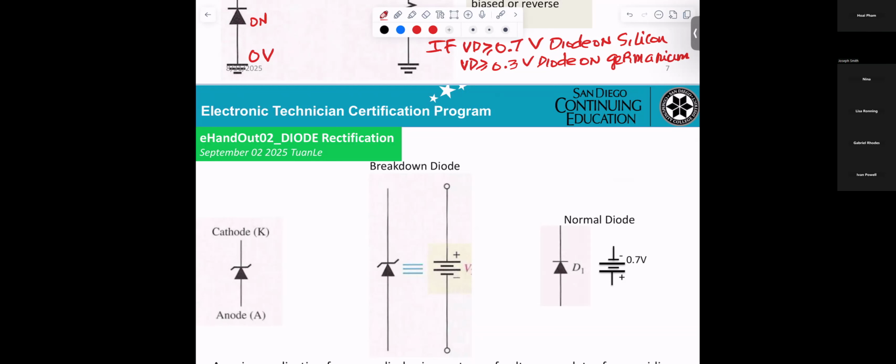It basically depends on what type they build the diode with. They can use silicon or germanium. However, we only deal with the silicon diode.